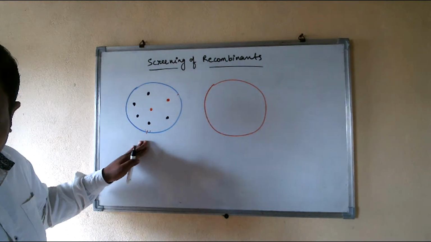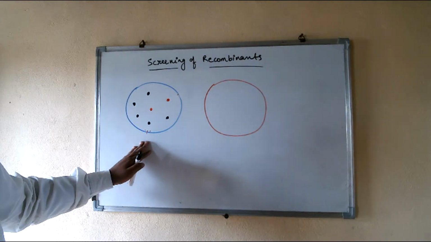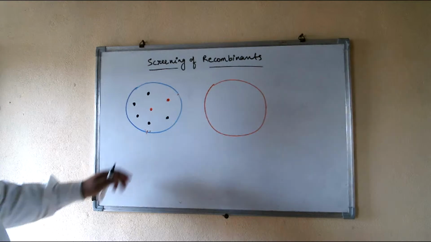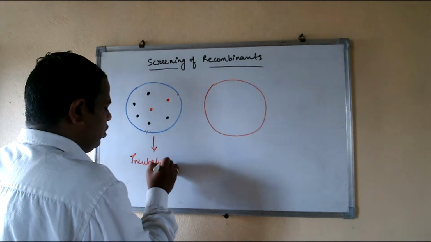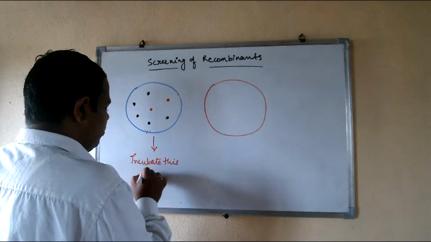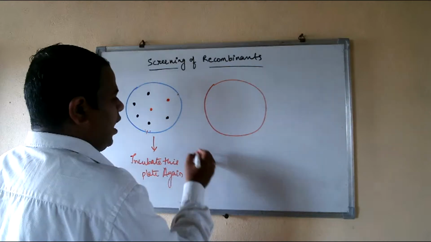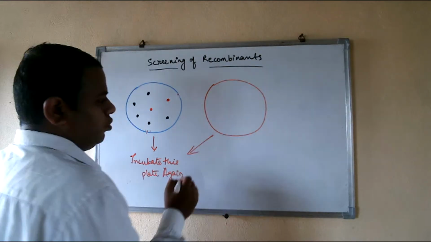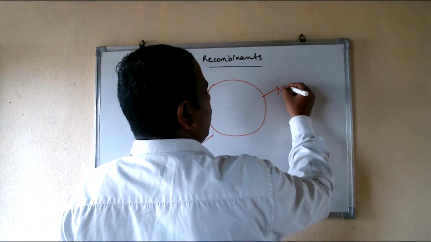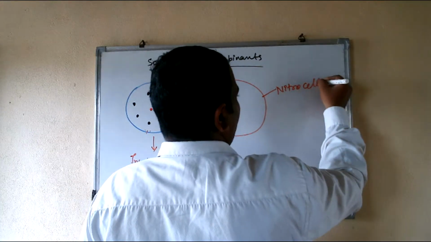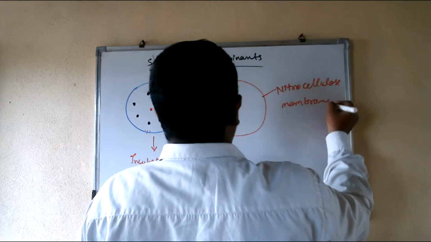Now, when you place the nitrocellulose membrane onto the plate, you incubate this plate again, with the nitrocellulose membrane on it.